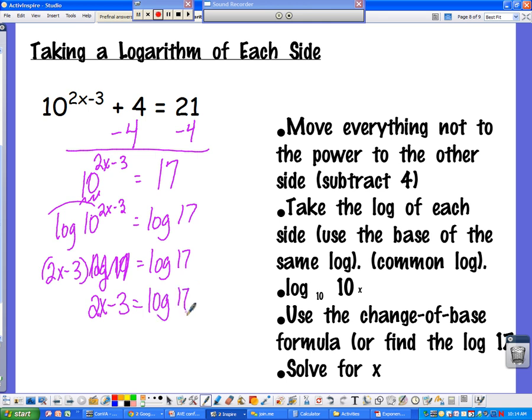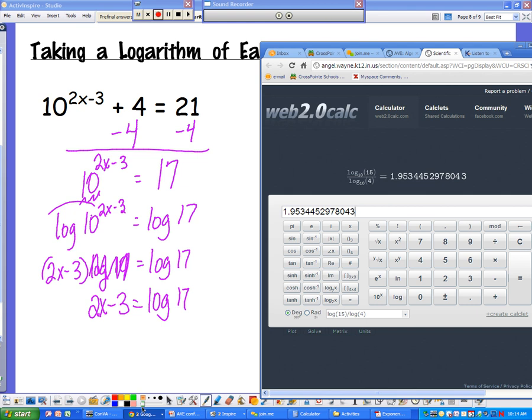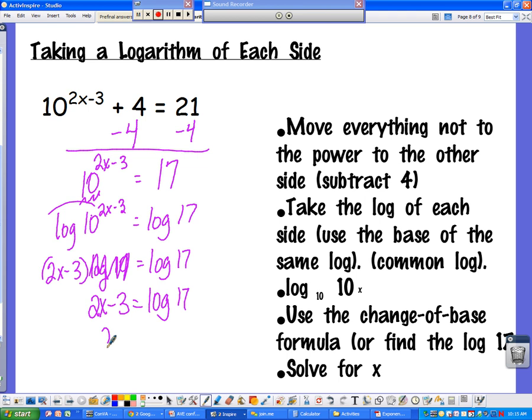Well, at this phase, I can't do much. I can't add 3. I can't divide by 2 yet until I actually find out what that log of 17 is. So let's find out what log of 17 is. So clear, log 17 equals 1.23. So now 2x minus 3, log of 17 is 1.23, and I can finish out the problem by adding 3.